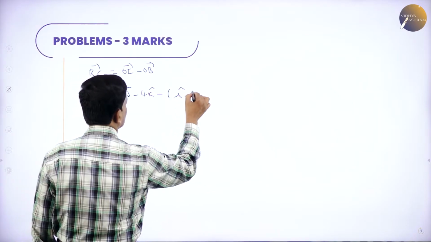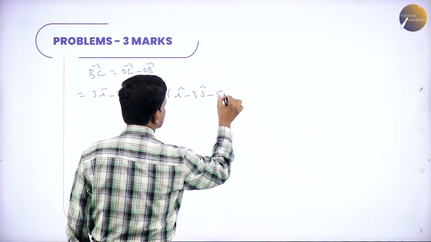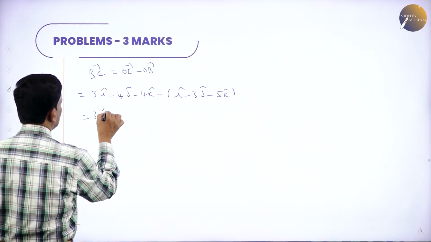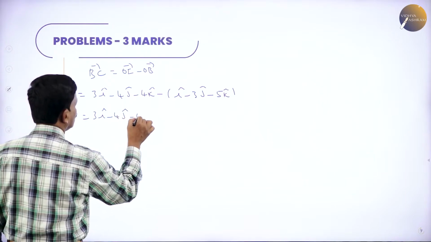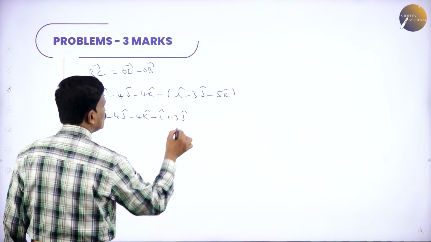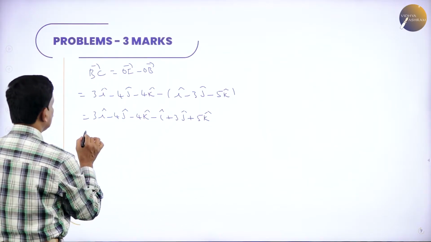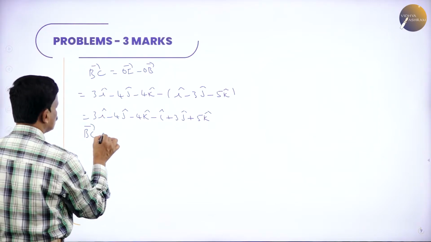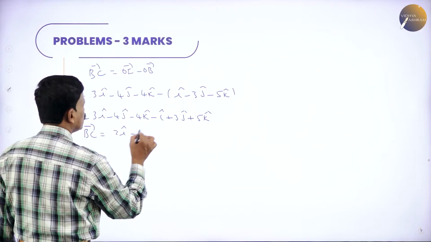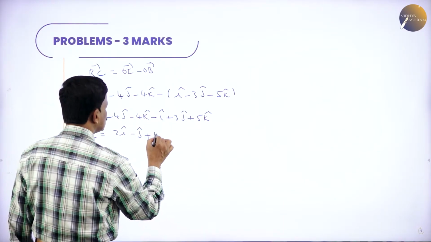So this is 3i minus 4j minus 4k minus i cap plus 3j cap plus 5k cap. Therefore vector BC is equal to 3i minus i is 2i cap, minus 4 plus 3 is minus j cap, 5 minus 1 is plus k cap.